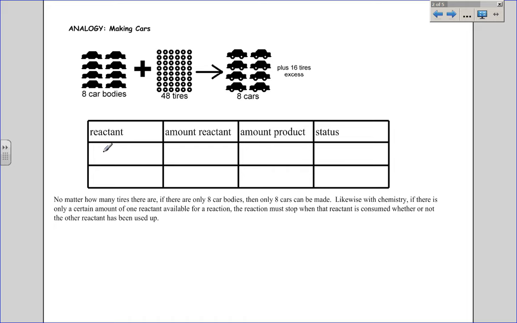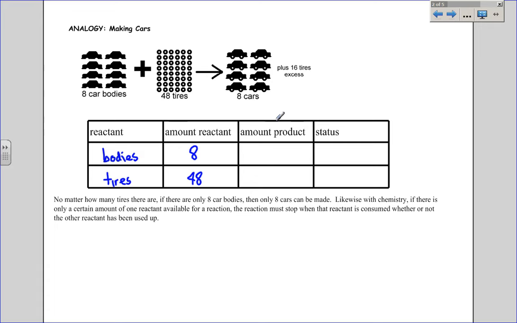So in this case, our reactants are the car bodies and the tires. In the second column, we want to identify how much of the particular reactant we have. So for the bodies example, we have 8, and for the tires, we have 48 available.